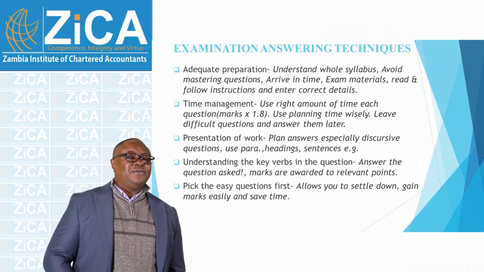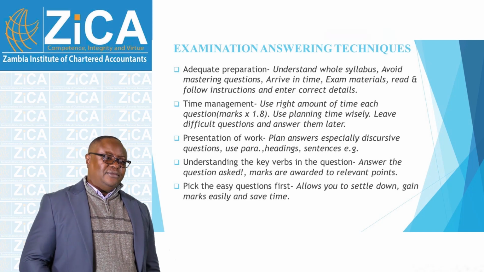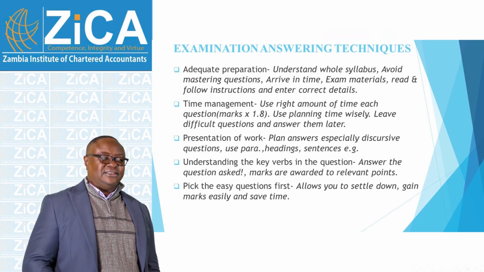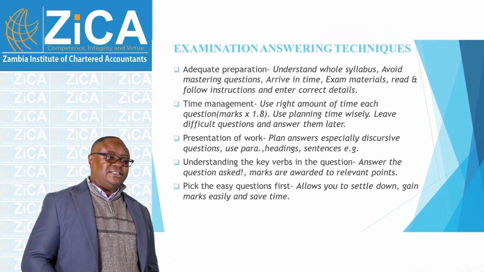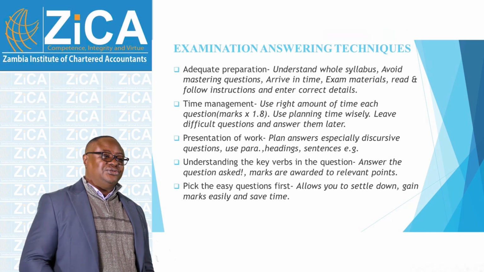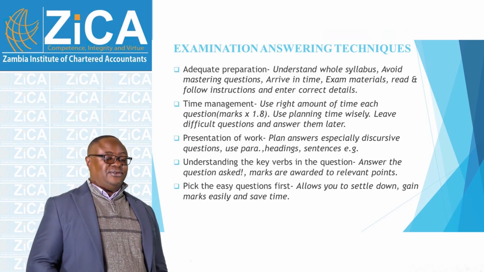It's important. You need to know one thing: if you allocate your time for each question using the 1.5 mark rule for each question, and you go beyond the allocated time for a certain question and you continue, you should know that that is an opportunity cost.